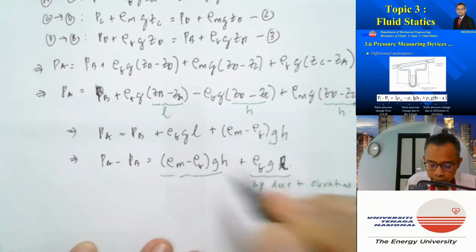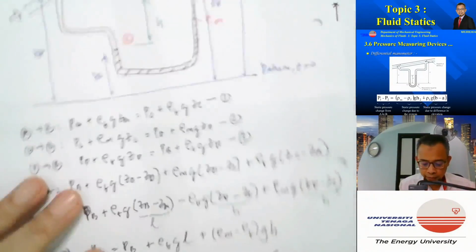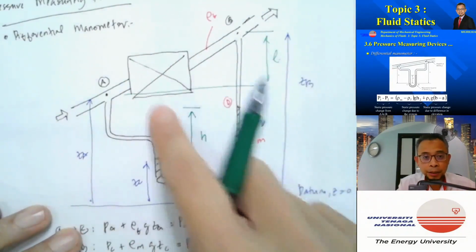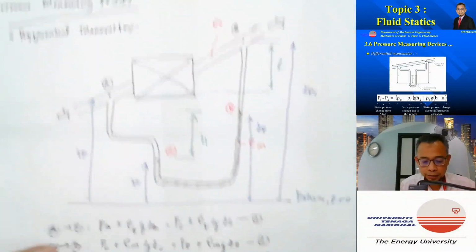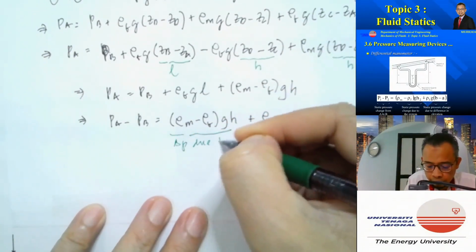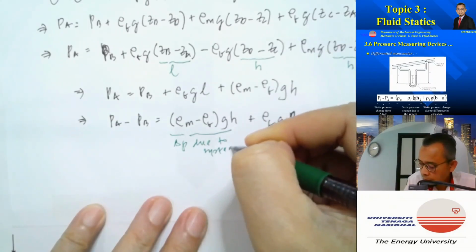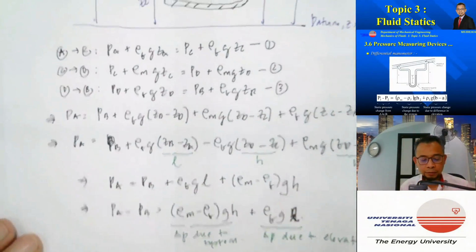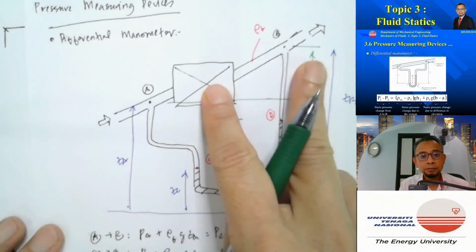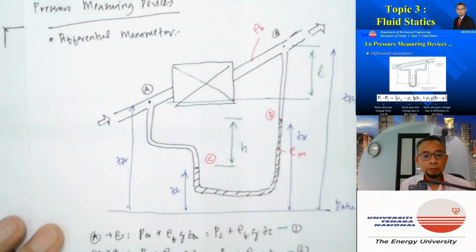Whereas this one here, (rho M minus rho F) g h, is pressure difference due to pressure drop within the systems. Delta P due to systems. So by using differential manometer, we can obtain expressions for pressure difference between point A and point B.